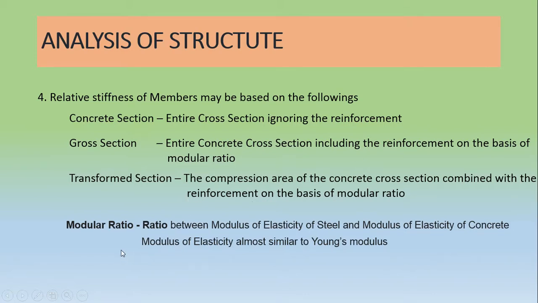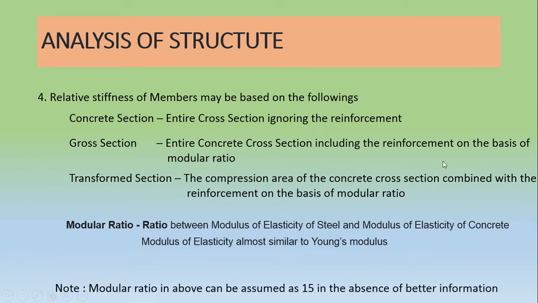Modular ratio means the ratio between the modulus of elasticity of steel and the modulus of elasticity of concrete. The code has given this note as well: modular ratio in the above can be assumed as 15 in the absence of better information. You can learn well in my future lecture series.